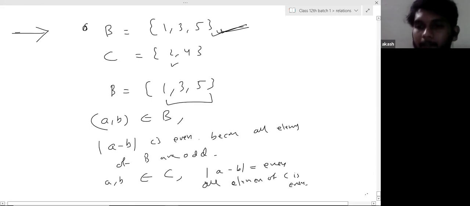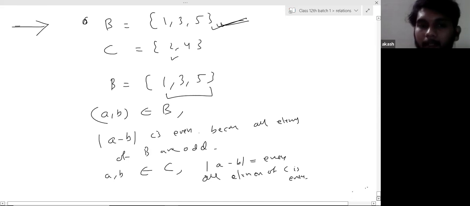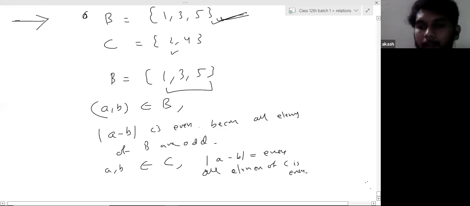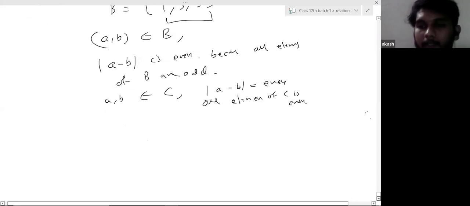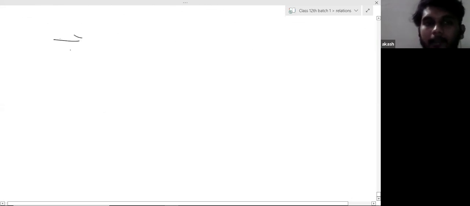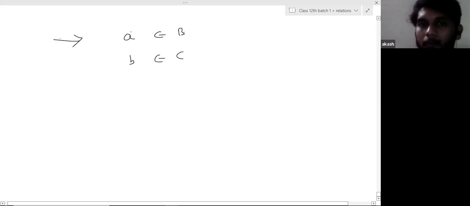But they are saying if you combine these two sets, that means if A belongs to B and B belongs to C, there is no ordered pair where A minus B is even.